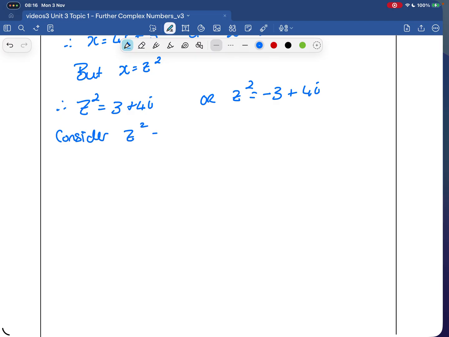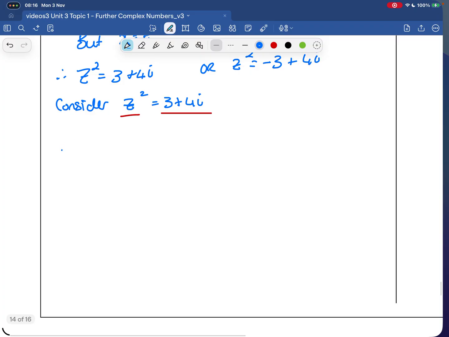z squared is 3 plus 4i. Now I can let z, because this is in Cartesian form on my right hand side, let's let z equal a plus bi, where a and b are real numbers.